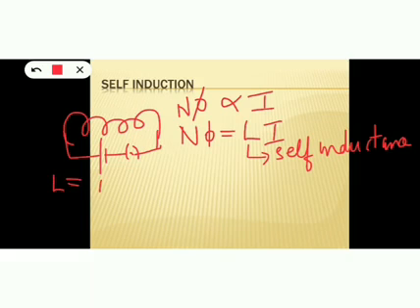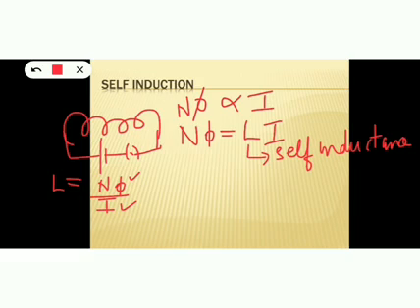L is equal to n phi divided by I. So from this expression we can easily define self-inductance L. It is the ratio of total magnetic flux to the current flowing through the coil.